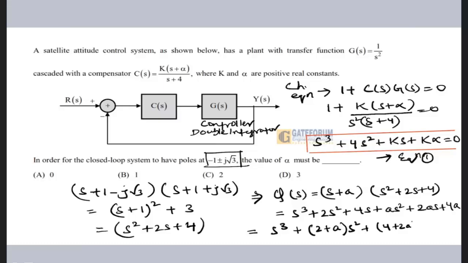So 4 plus 2a into s plus 4a. So this will become your equation number 2.